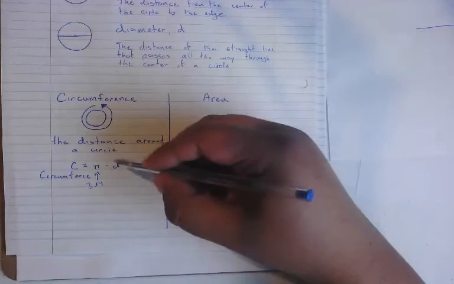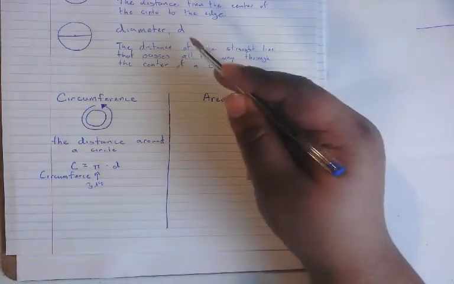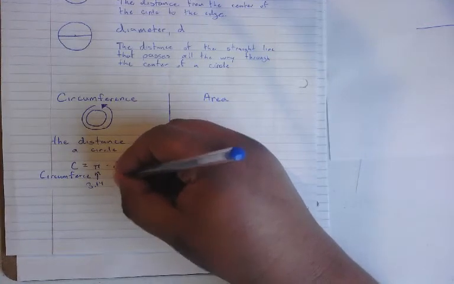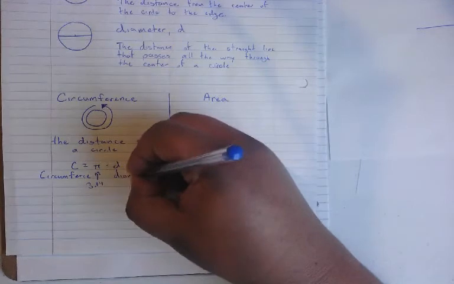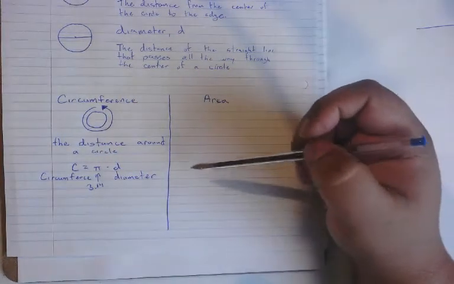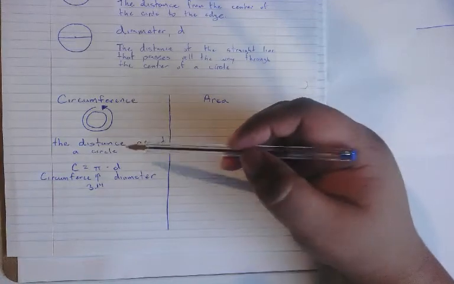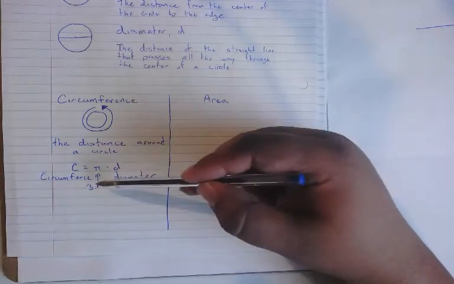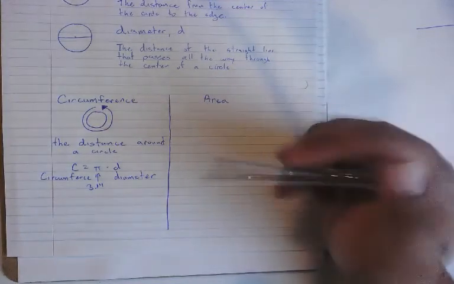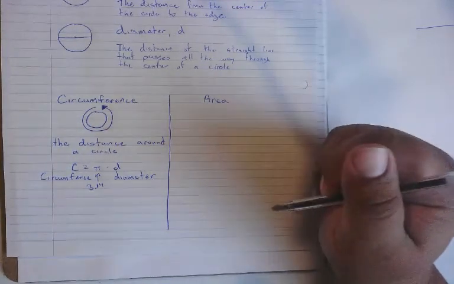And then the last one is that letter D, which stands for diameter, just like we had up here. So to figure out the circumference of a circle, we're going to multiply 3.14 times whatever the diameter of that circle is.